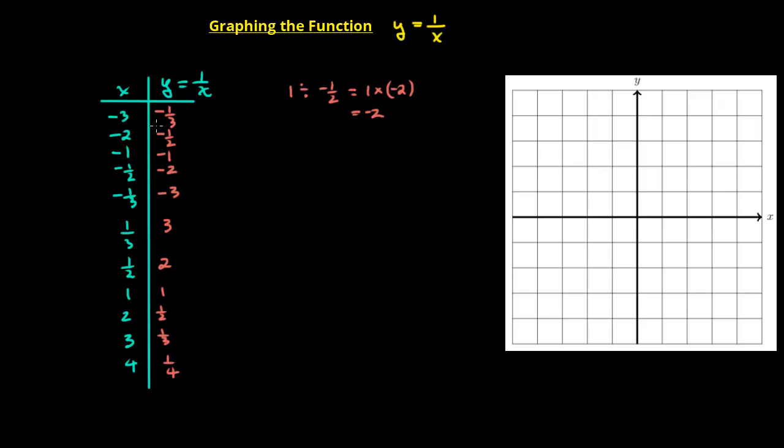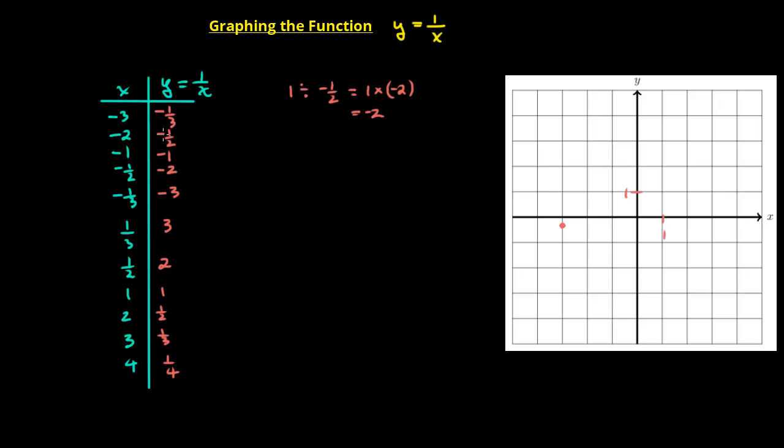So let's first plot -3, -1/3, and let's scale it such that this is 1 unit on the y-axis and this is 1 unit on the x-axis. So we'll scale it such that each grid space is 1 unit. So our x value of -3, -1/3 is about there.